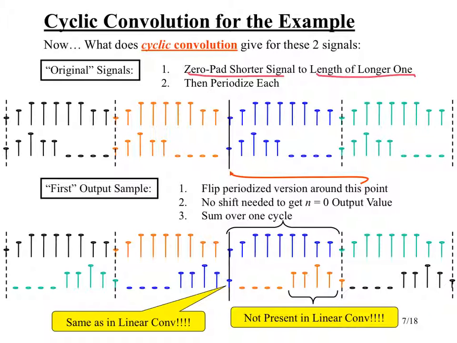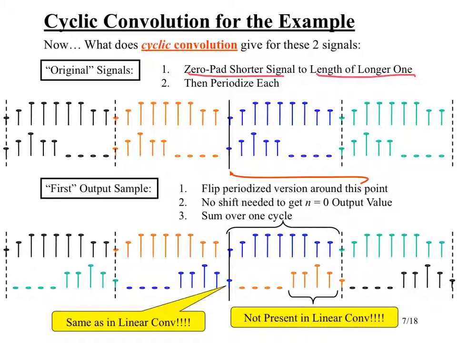We have to do that so that the resulting DFTs are the same length. So in this case, we'd have a 9-point DFT. We would form the product, take the inverse DFT, and now we'll analyze cyclic convolution to see what we get.